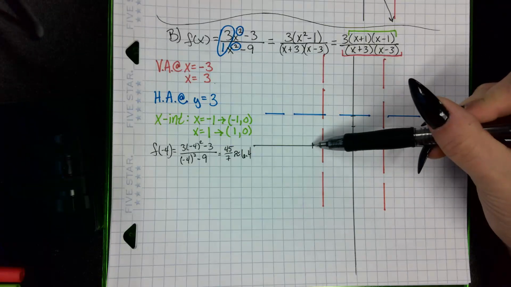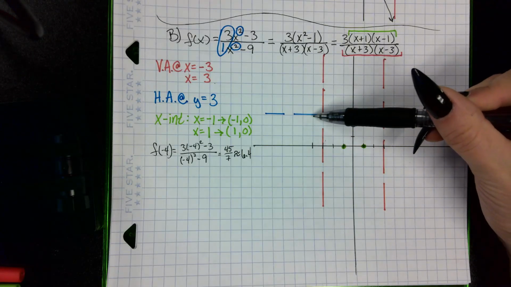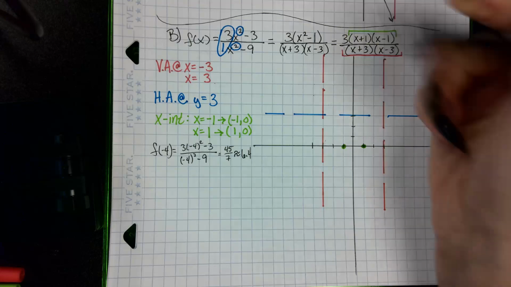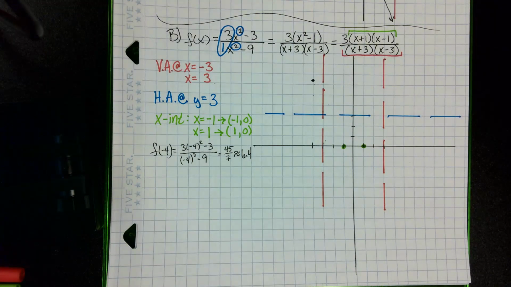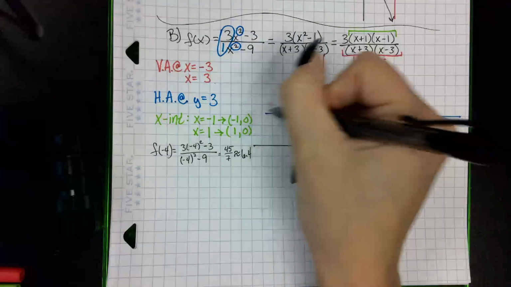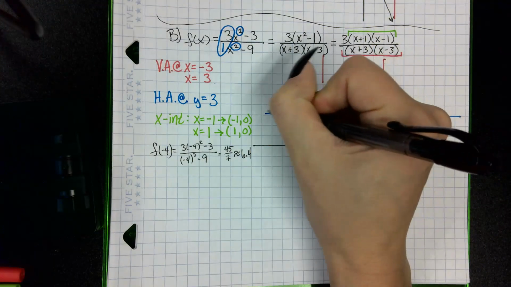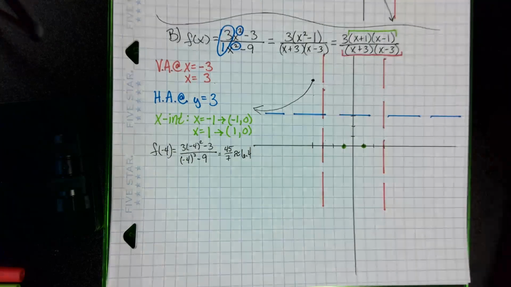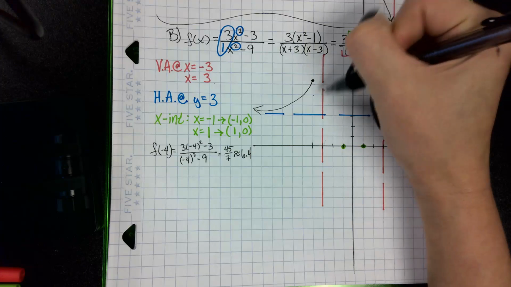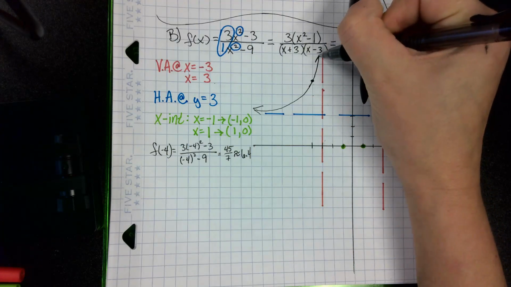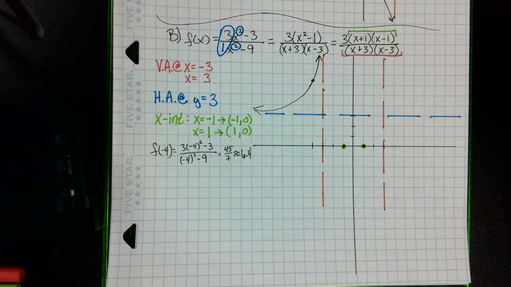So at negative 4, I'm going to go up 1, 2, 3, 4, 5, 6.4, almost to half. So my point's there. Since I'm on the outside of the graph, I know the end behavior is going to approach the horizontal asymptote that way. And then as I go to the right, I approach this vertical asymptote. So that's what the graph looks like.